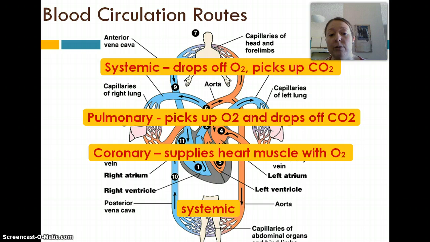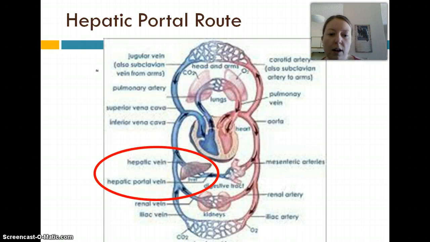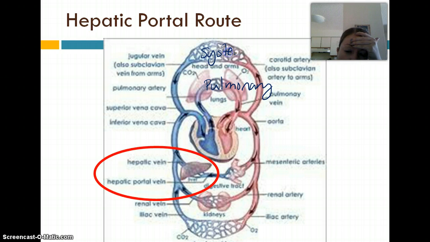Now let's get into a more detailed look at some of the pathways embedded in systemic circulation. The one we're going to look at first is hepatic portal circulation. This is kind of the same photo I just showed you in a slightly different format, because up here we have pulmonary circulation, and up here we have systemic circulation in the anterior portion of our body.